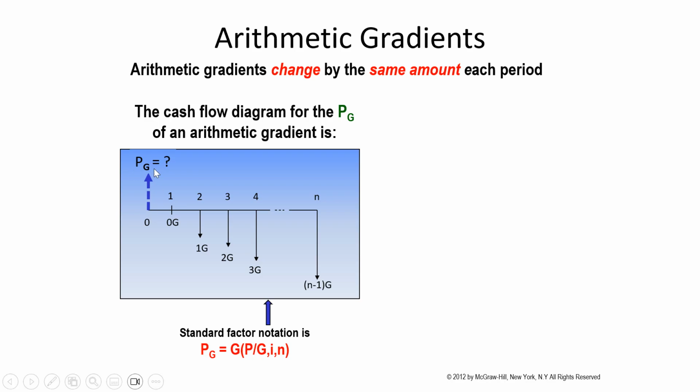Now, gradients are a little bit weird because you don't see the effect of the gradient in year 1. In year 1, it's like 0 times whatever the gradient amount is. And so if the gradient amount is $100, there wouldn't be anything in year 1 that's extra. But then the added annual increment begins to manifest itself in year 2. So in year 2, year 3, year 4, it's increasing by a fixed amount every year.